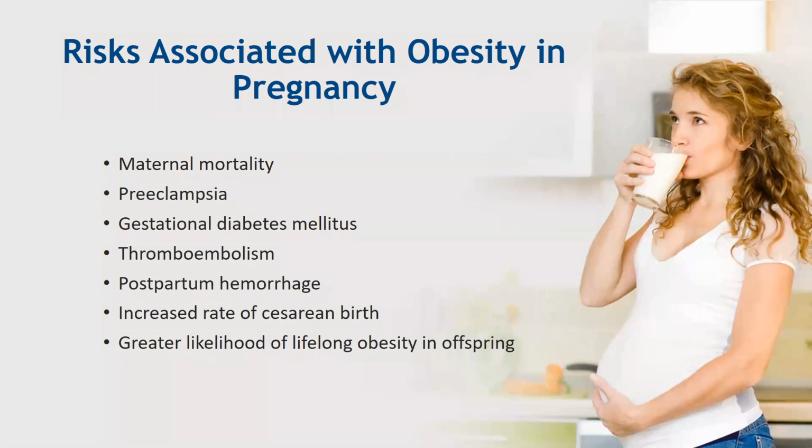Also, gestational diabetes, preeclampsia, and cesarean birth are higher risks with these women. The fetuses are at increased risk for congenital anomalies, stillbirth, prematurity, macrosomia, and childhood obesity. Remember to ask about bariatric surgery among obese reproductive age women, because that has been increasing.